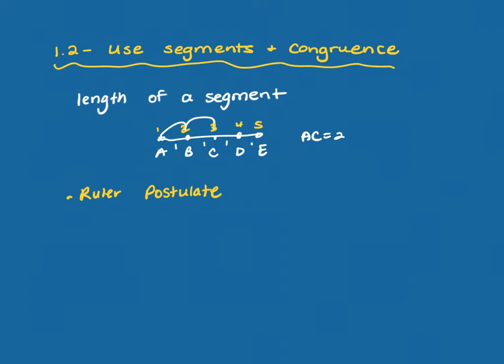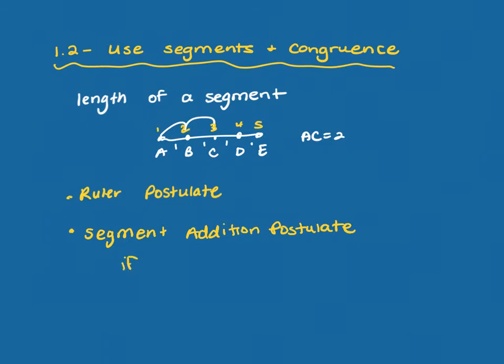Okay, and then we talked about something that you're going to use a lot, which is the segment addition postulate. Which basically just says that if you take a segment, break it down into its parts, and you add it back together, you get the whole.